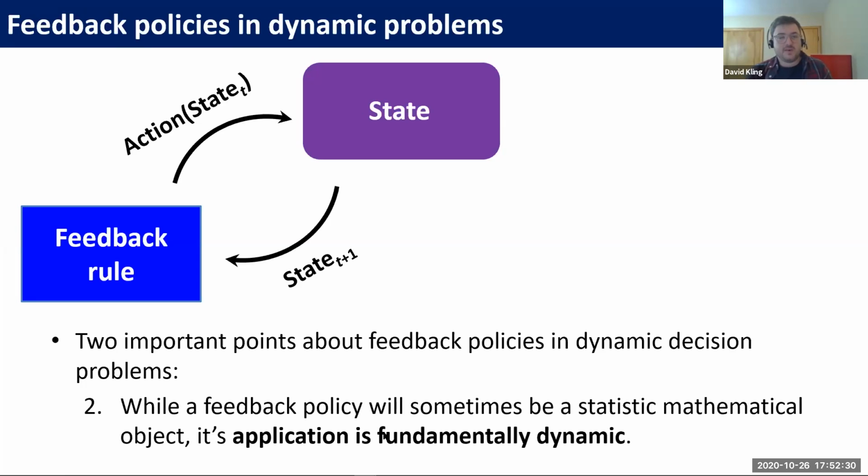Another point I want to emphasize that I'd already touched on a bit is that while a feedback policy or rule is often going to be obtained as a static mathematical object, it's a function of the states. There are, and this gets a little technical at this point, cases where the action is indexed by time as well.